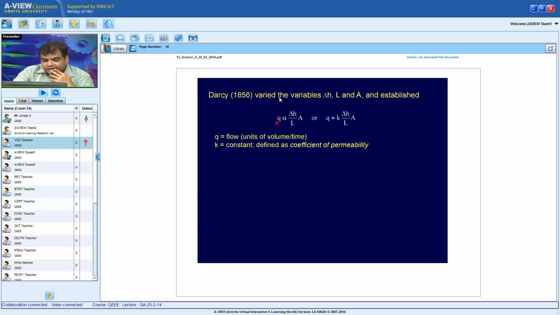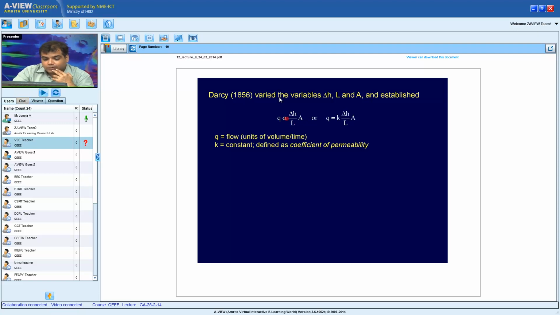And he got a relationship wherein Q, which is flow, remember Q is the flow and it has units of volume per unit time, was found to be directly proportional to delta H and A, but inversely proportional to L.